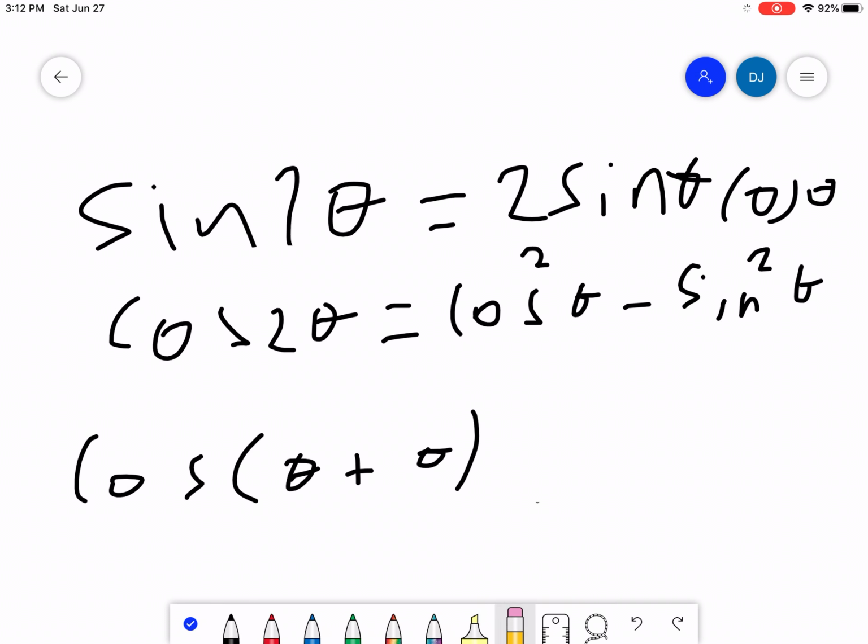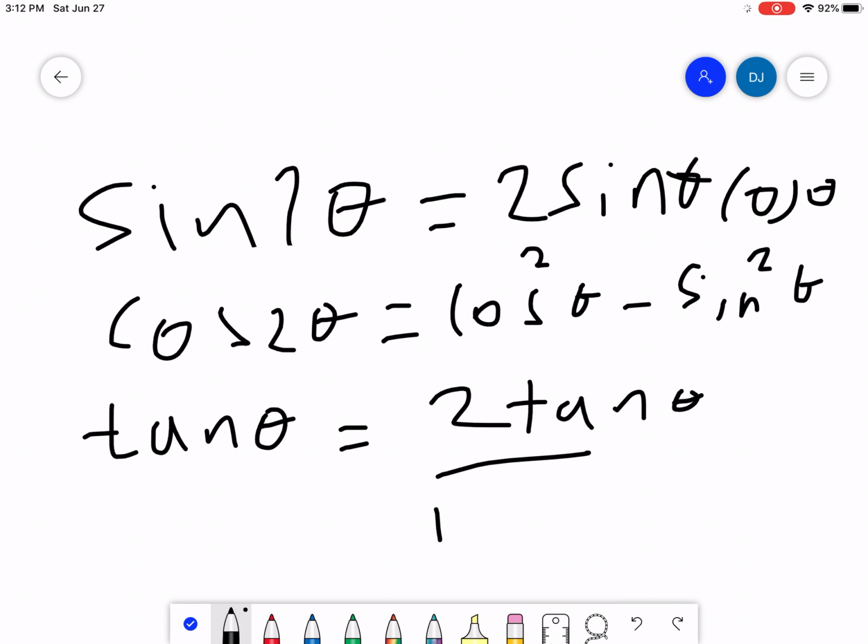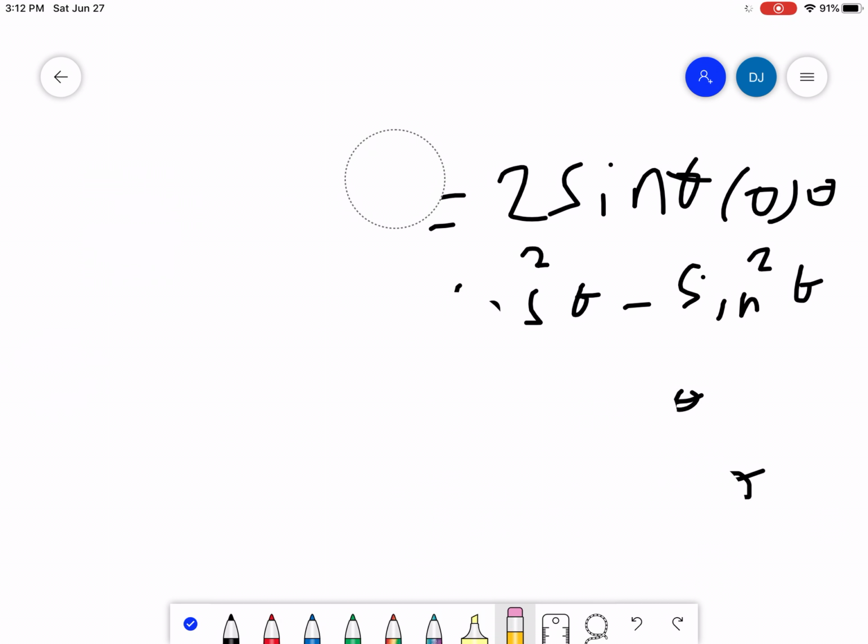Now let's talk about tan of 2 theta. Tan of 2 theta is the same thing as 2 tan of theta over 1 minus tan squared of theta, and it can be derived using the sum identity. Alright, so let's move on to half identities.